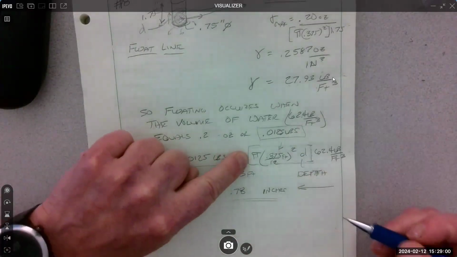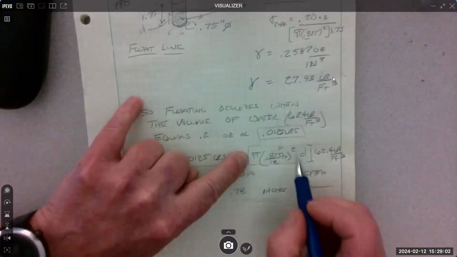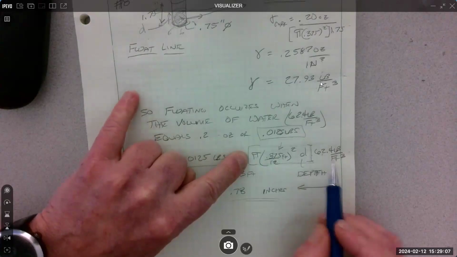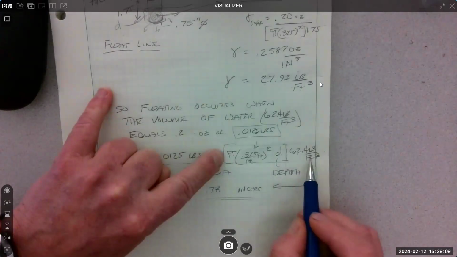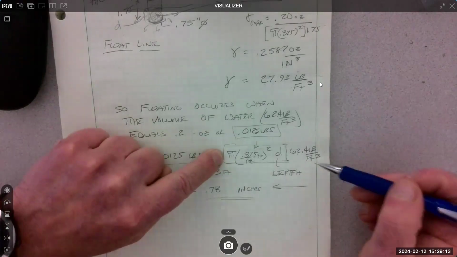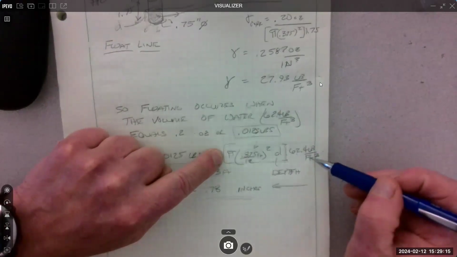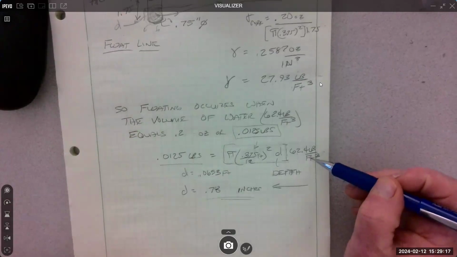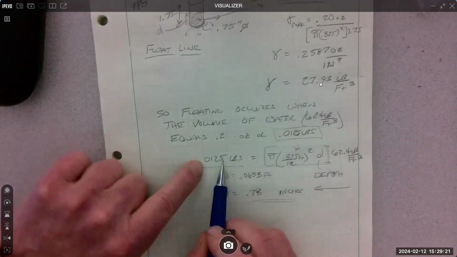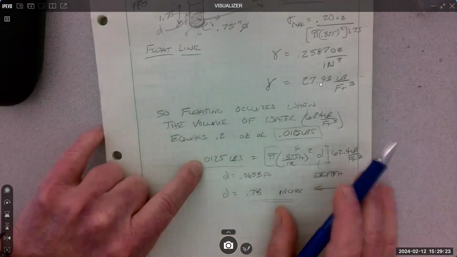Now, what this volume is doing is it's displacing water. So that's why you use 62.4 pounds, because this is what's being displaced. And this will then give you like pounds per foot, right? Now, you set that equal to the pounds of the object.